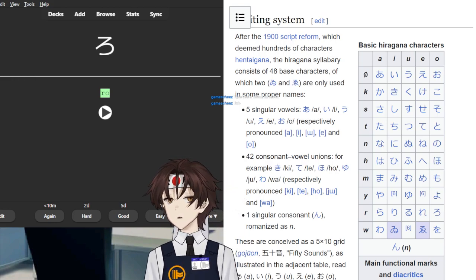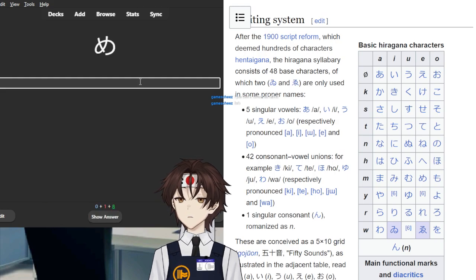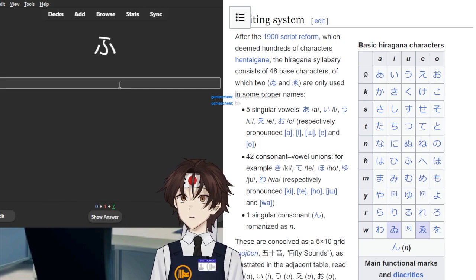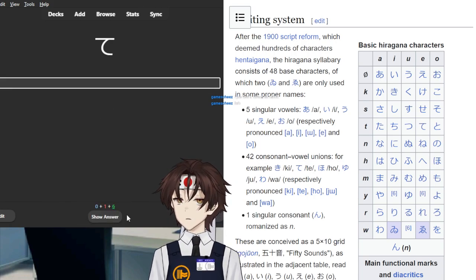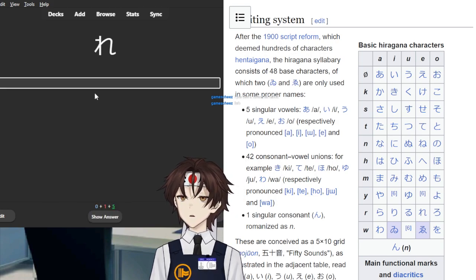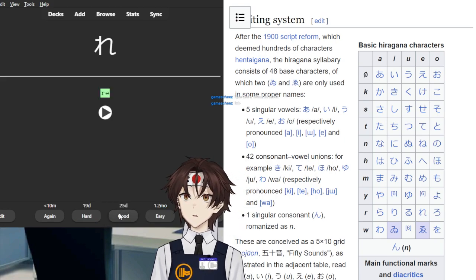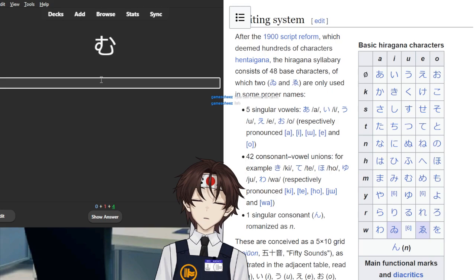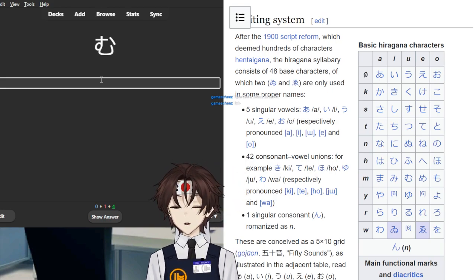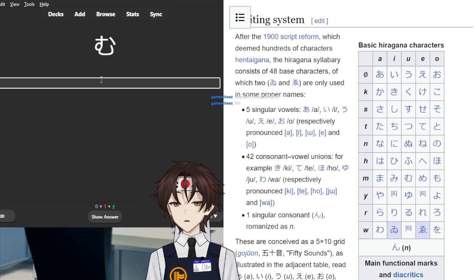Okay, cool. Ro. Me. Fu. Te. Re. Ah, when I take time to figure out what the symbol means, that means that I'm struggling.